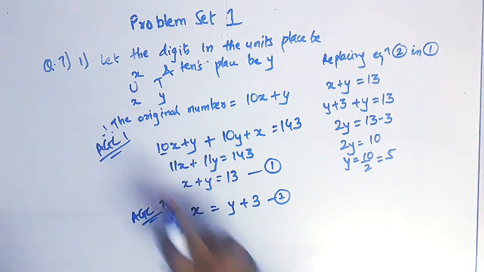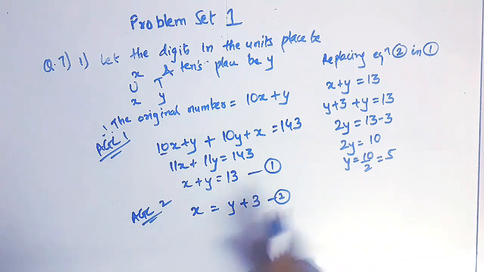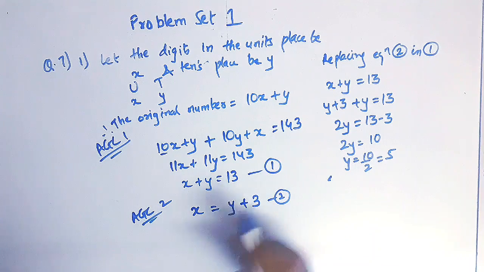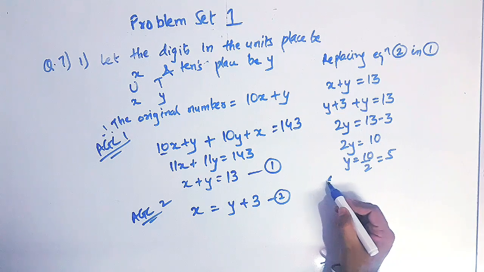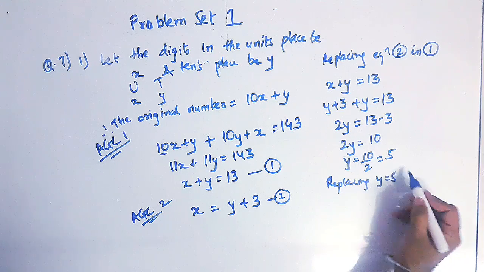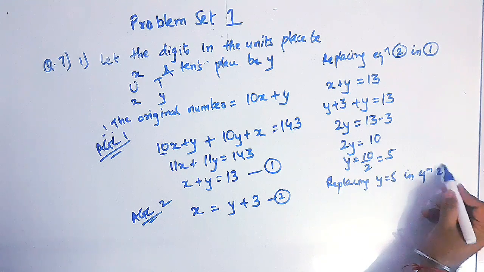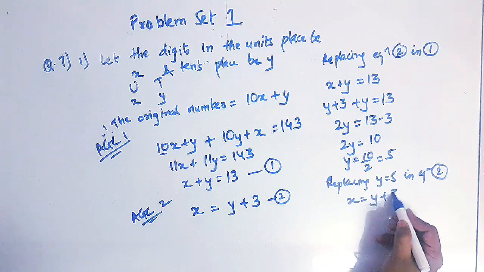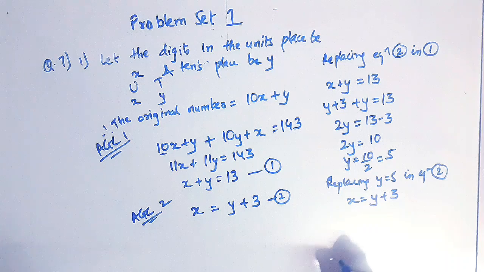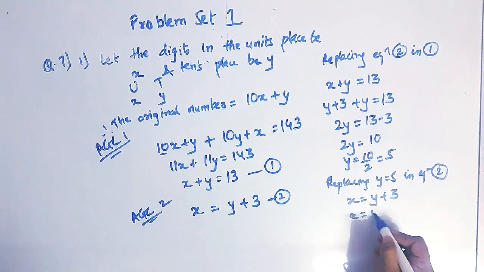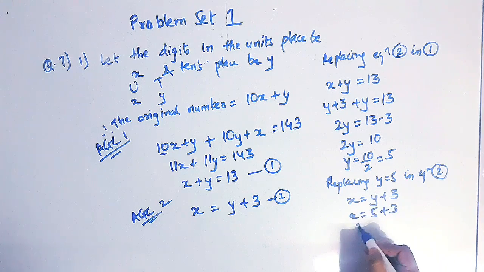So we got the tens place number. Now let us find the units place number. I'll take replacing y equals 5 in any of the equations. I am taking this 2, x equals y plus 3. So x is, we have to find, y is 5, so x is equal to 8.